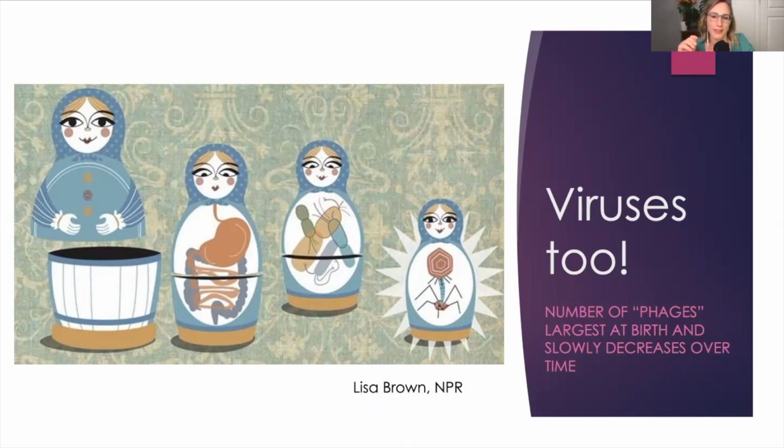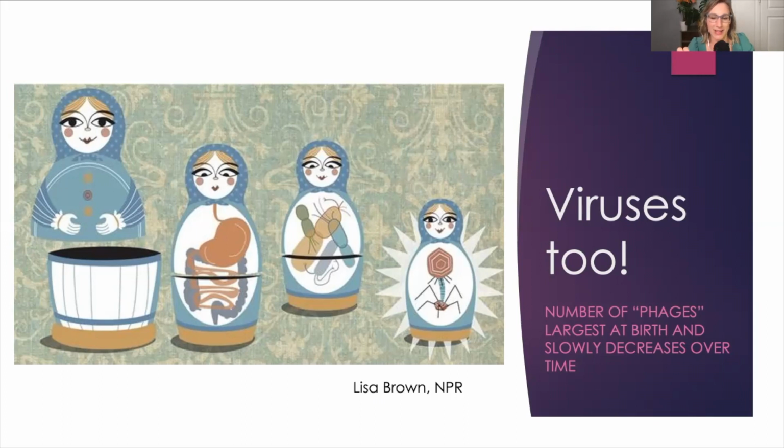The other thing that has been demonstrated is that while you have relatively few numbers of bacteria present at birth, you have a considerable number of these bacterial phages. A bacteriophage is a specific type of non-threatening virus that is in the body. And so these phages interact with the bacteria that you're now going to be making contact with. They also interact with your immune system.